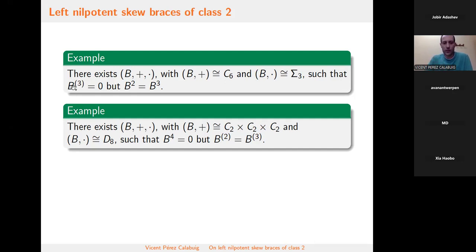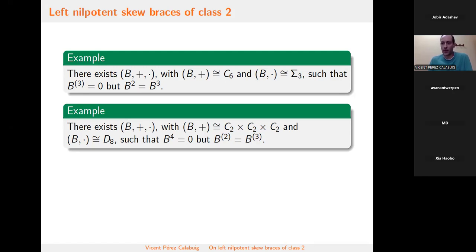And if we look at the other example, this example is left nilpotent of class 3, but it is not right nilpotent.